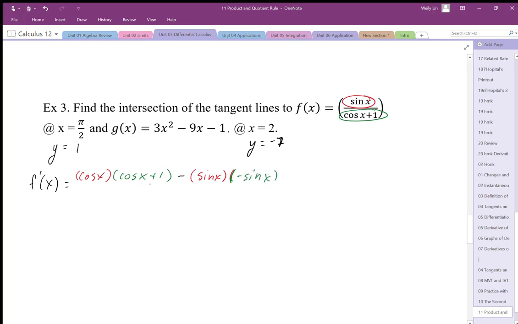And then the denominator should be cos of x plus 1, all squared.